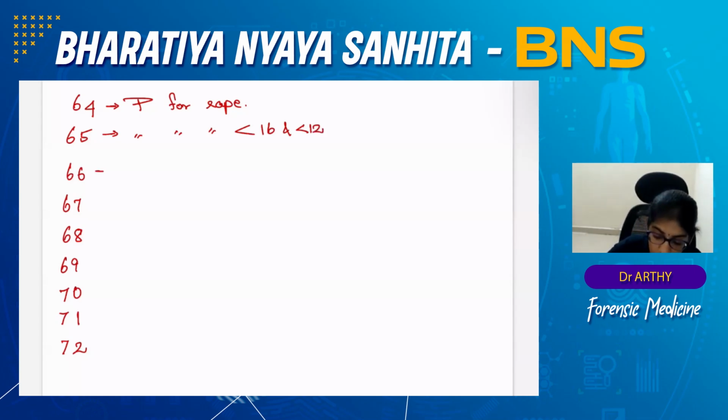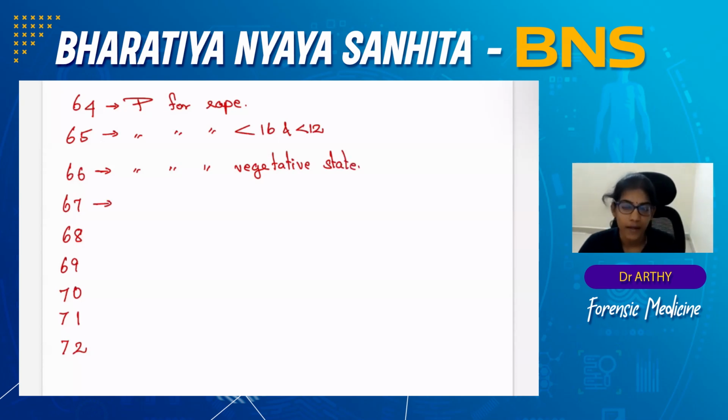Then they spoke where a rape results in a female being in a persistent vegetative state. So the female ends up in a vegetative state. To remember this, you can remember it as a story. A person goes out with his kid, less than 16 years and 12 years, to buy some vegetables.